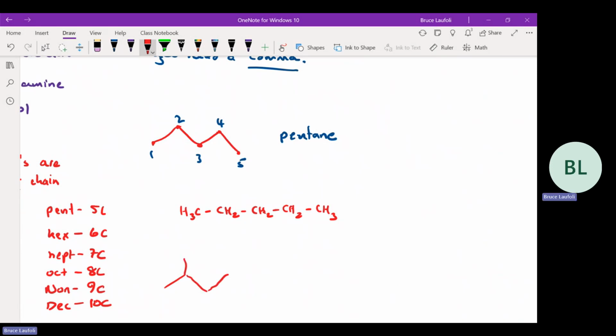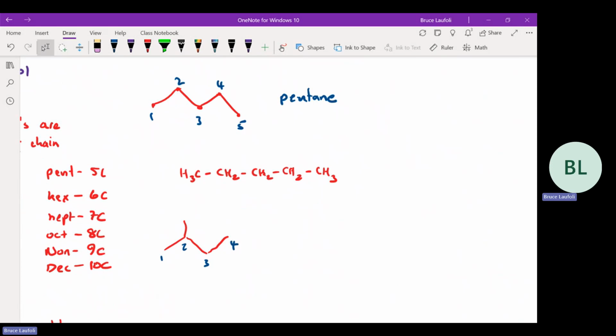When we label, we need to label the longest chain. Let's go 1, 2, 3, 4, labeling from left to right. Another way that we can label it is to start from the right and go towards the left. So we go 1, 2, this carbon over here is number 3, and we got 4.